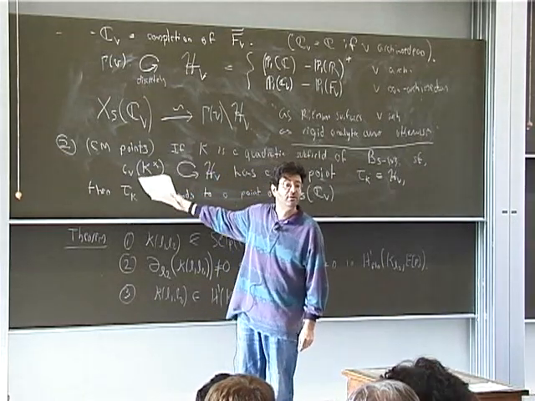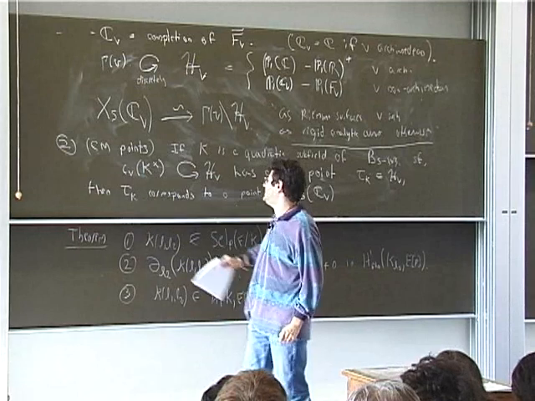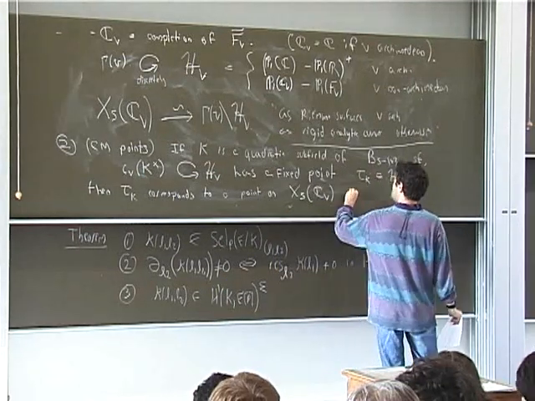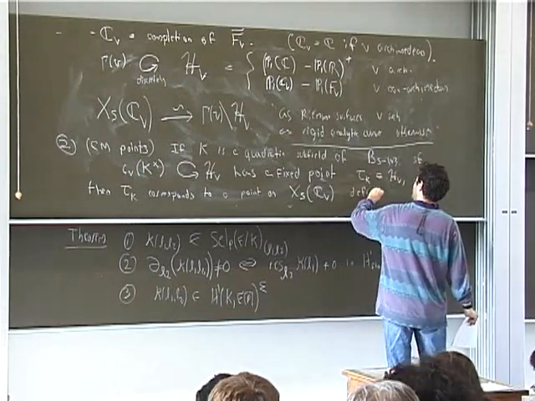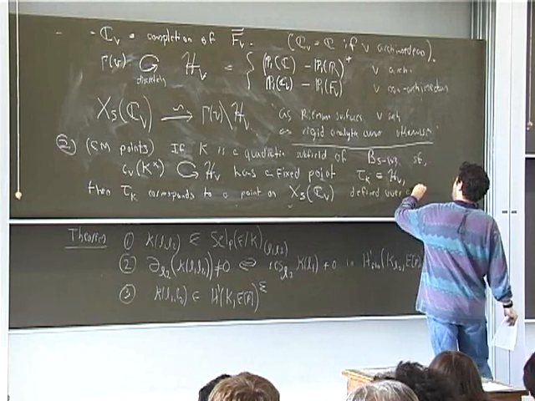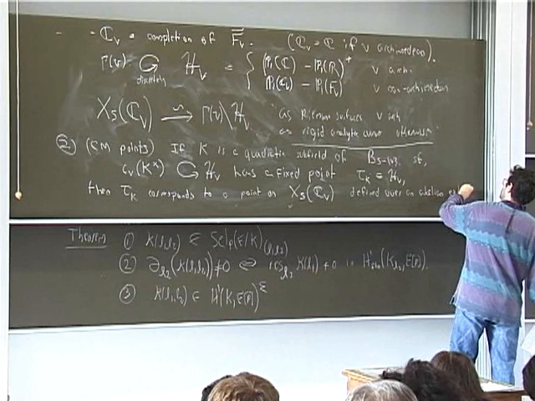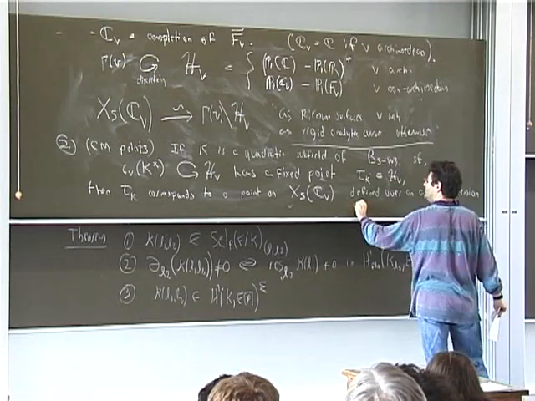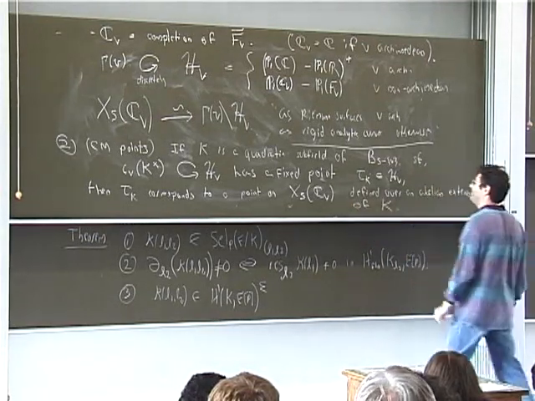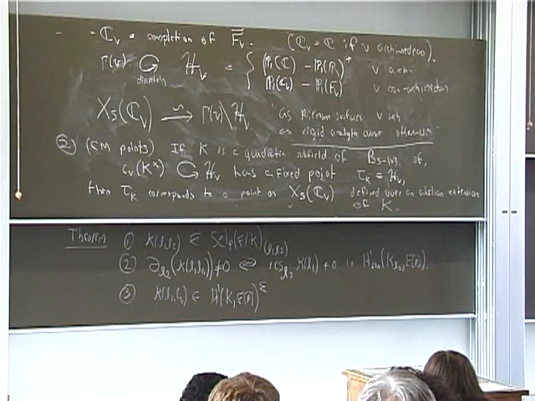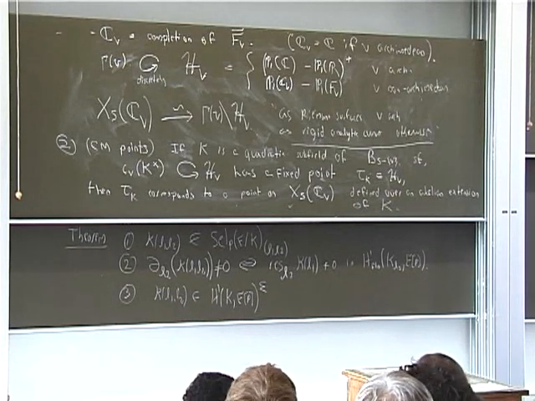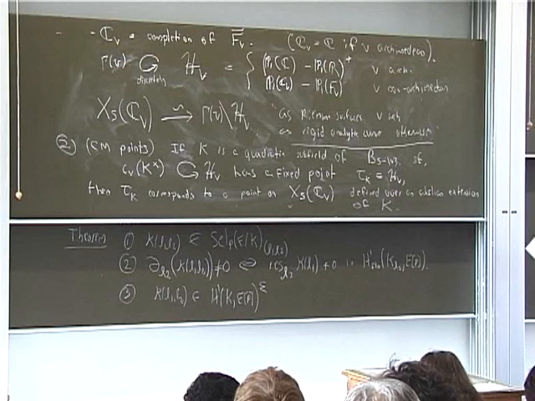But in fact, this point is defined over an algebraic extension, which is an abelian extension of the field K. So this we saw a little bit of in John's talk in the context of the complex uniformization of Shimura curves.